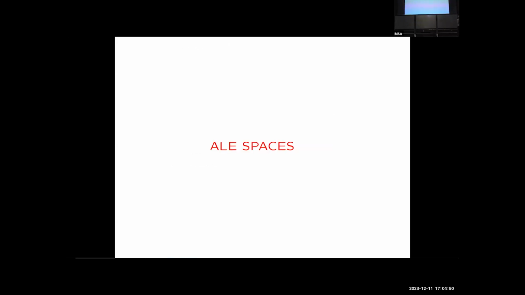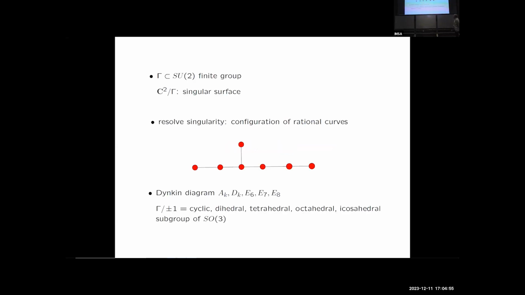So today I'm going to talk about ALE spaces. Let's start with the picture. We take a finite subgroup gamma of SU(2), and we look at the quotient singularity of C2 over gamma.